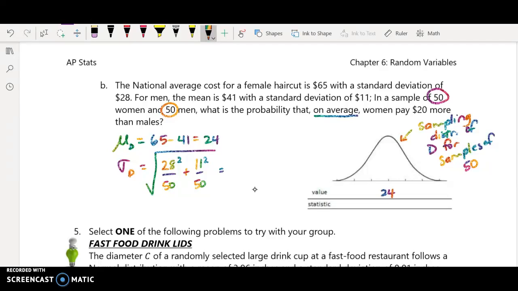Okay. So the key here is to understand the difference, which is not terribly difficult. But what will happen on, say, the AP exam is you'll have different kinds of problems and you'll have to know when to apply what. And so anytime they're going to give you a sample size, that's a sign I need to have some sort of formula with n.